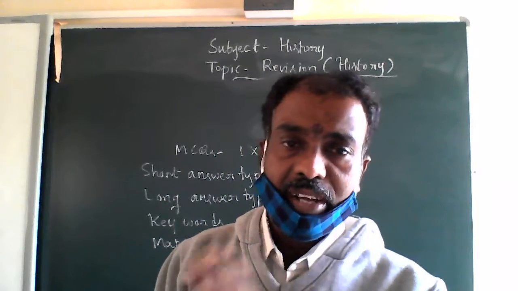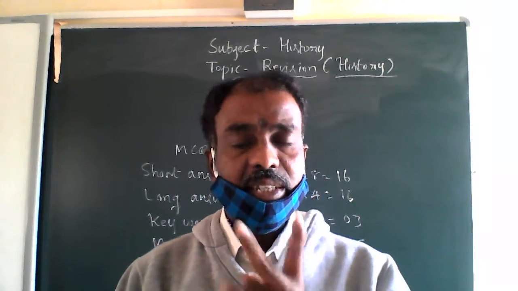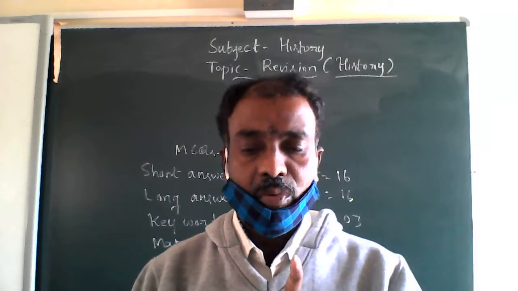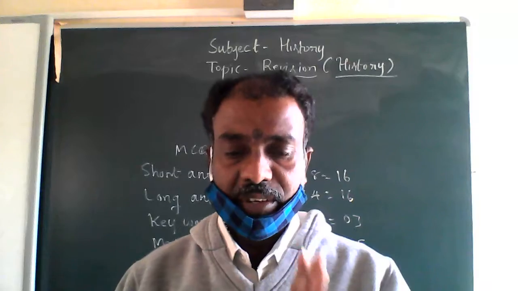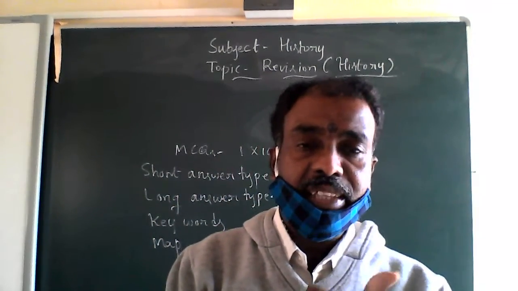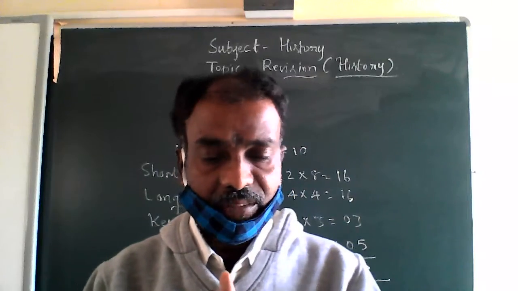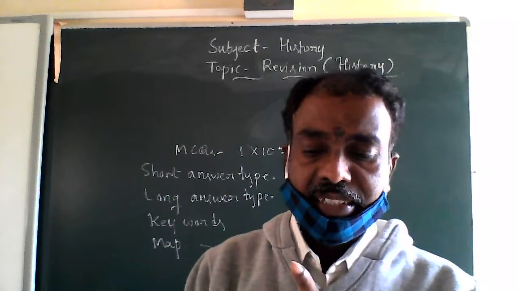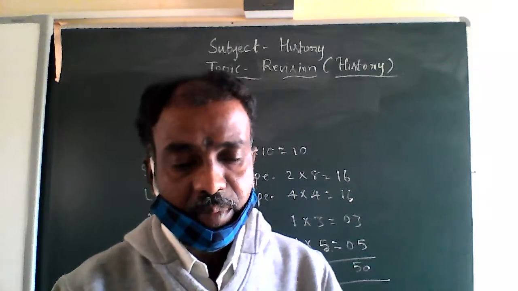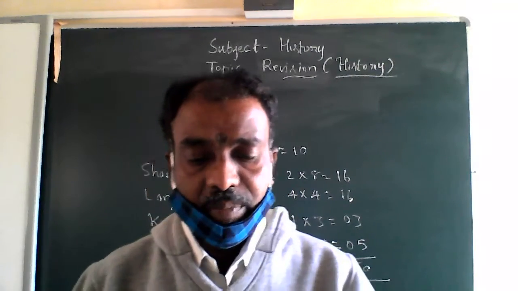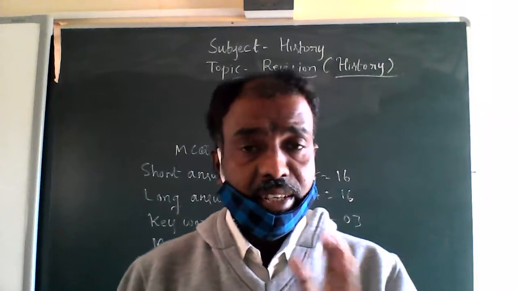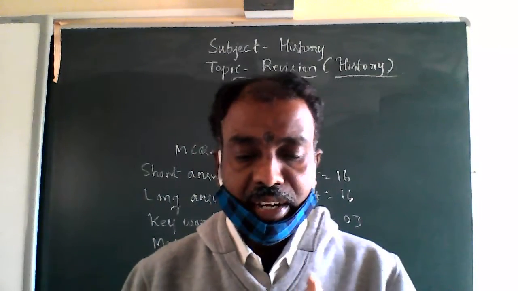Once again I would like to tell you, from history there are 2 chapters: What, Where, How and When, and the next chapter, From Hunting-Gathering to Growing Food. These 2 chapters will come in the exam. From political science, Understanding Diversity, and the next chapter, Diversity and Discrimination.